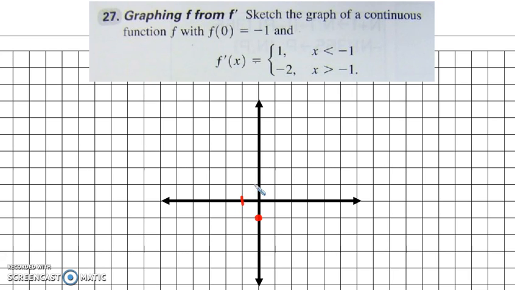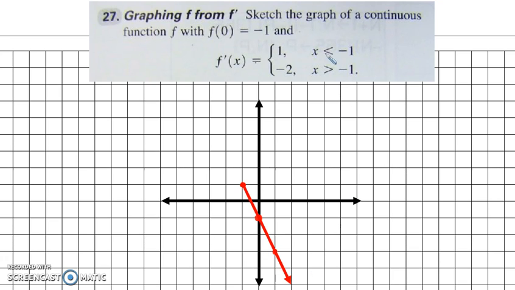So it's when x is greater than -1, I will have a slope of -2. So I go down to the right 1, or using that same starting point, I could have gone up 2 and to the left 1, which makes this graph.